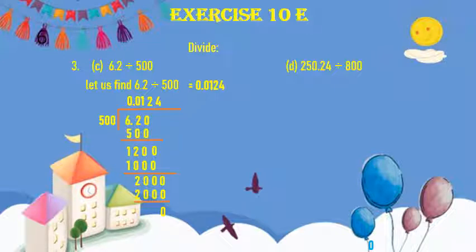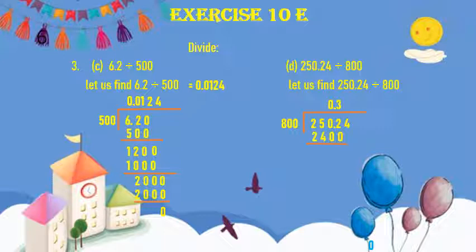So now let's come to the next part, which is the D part of question number 3. So here we have to divide 250.24 by 800. So let us find 250.24 divided by 800. Since 250 is less than 800, what do we have to do? We have to take one more digit, but before that there is a decimal point. So we will put a decimal point in the quotient. Now we will divide 2502 by 800.